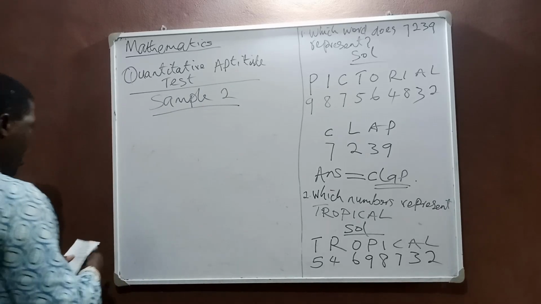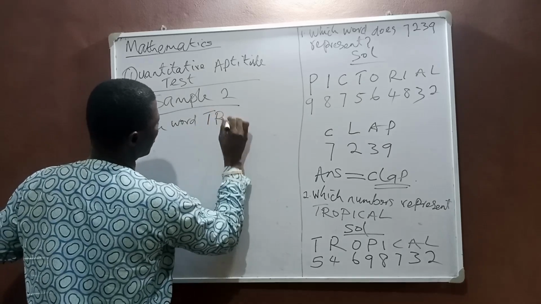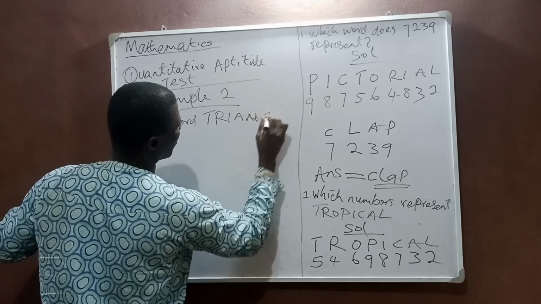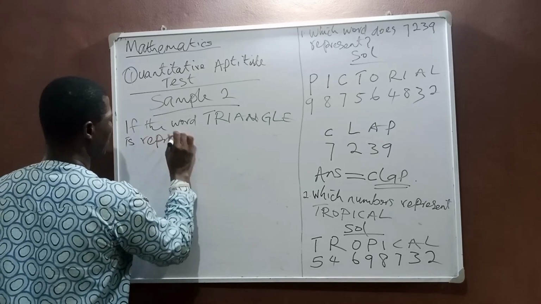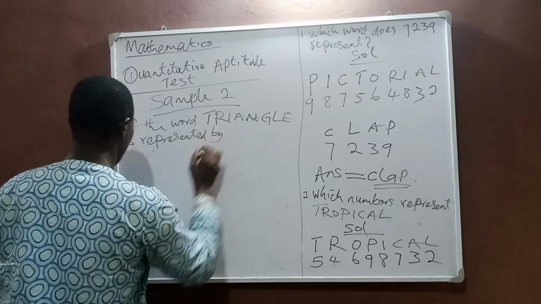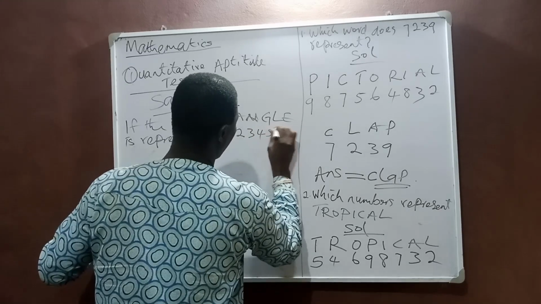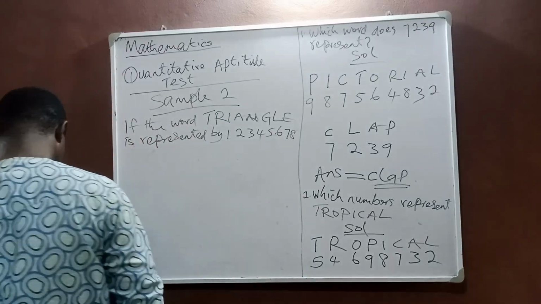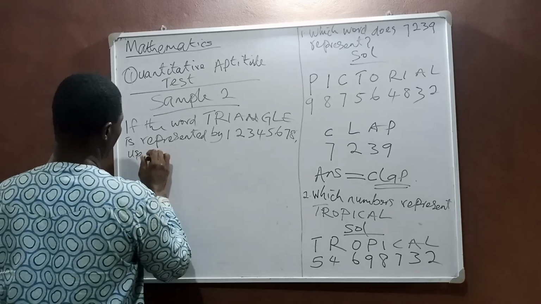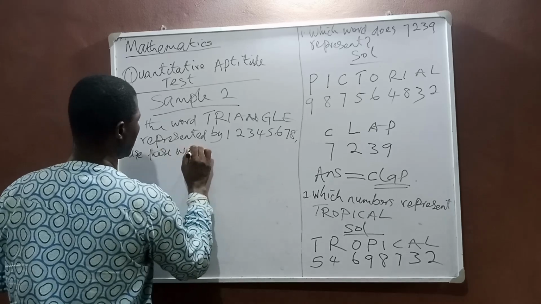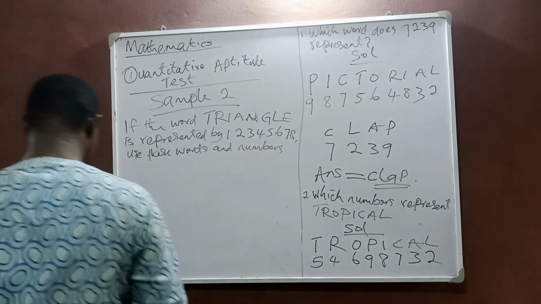If the word triangle is represented by 1, 2, 3, 4, 5, 6, 7, 8, use these words and numbers to answer the following question.